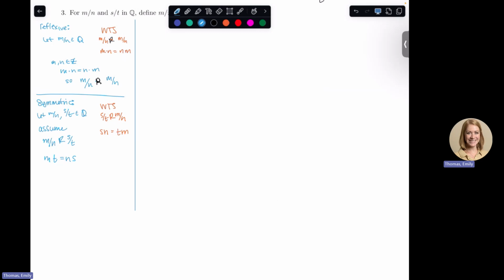Okay, how does this work? I mean, we're done, right? This is multiplication with integers, so Tm is equal to Sn, and the equal sign is an equivalence relation. So Sn is equal to Tm. So S over T is related to N over M. No, darn it.